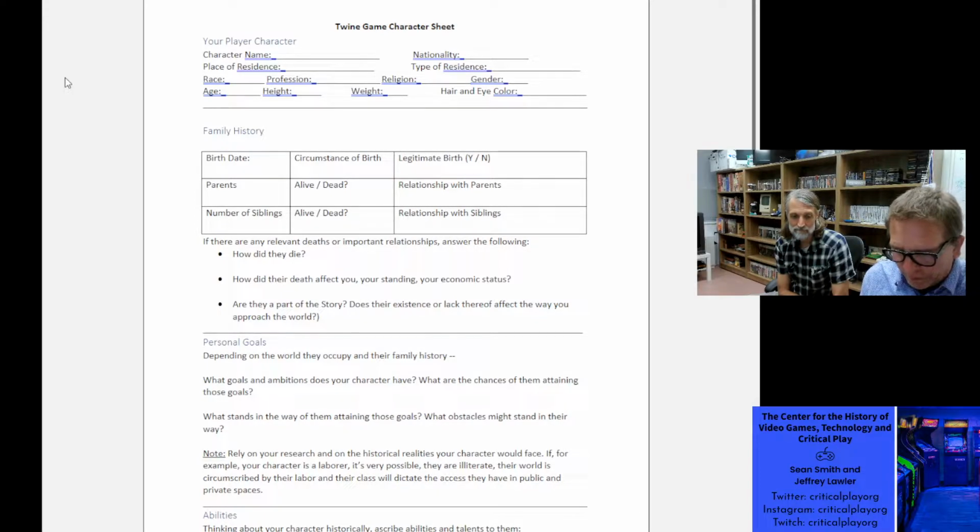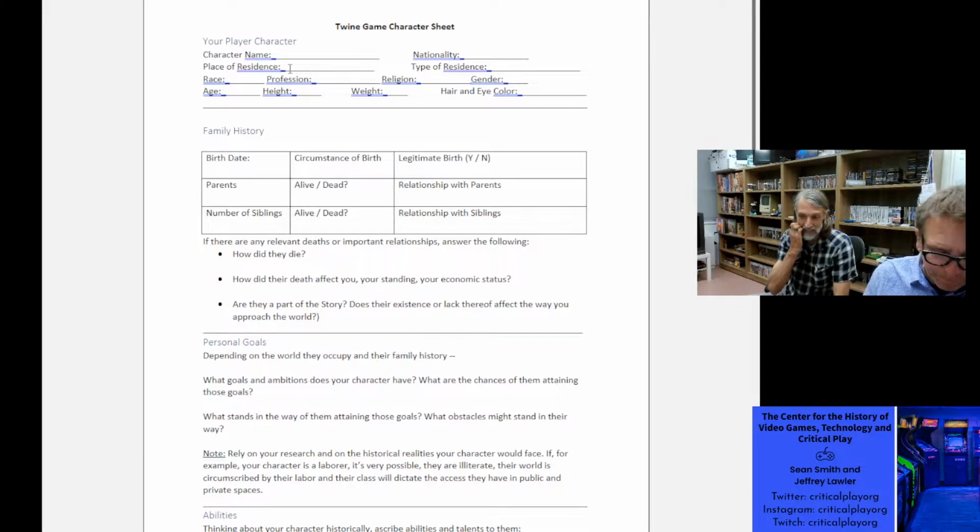So we know in this case that we're going to be building out a lawyer, and we would start with the basics here, just to get them thinking about the character. They imagine a person, and that person has a history that they can then play with.